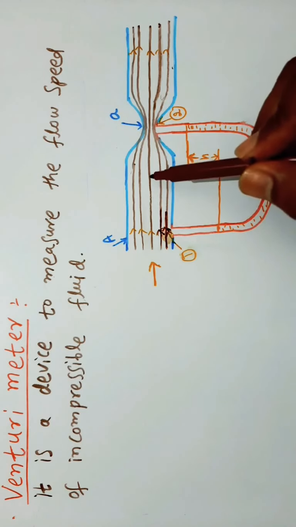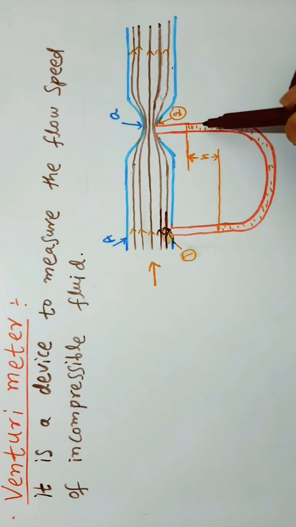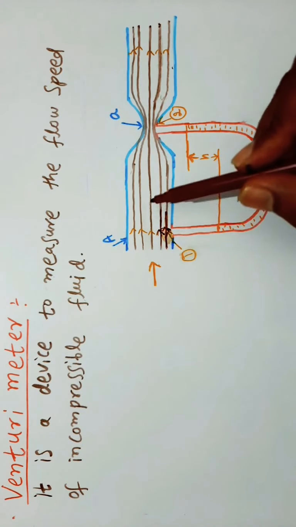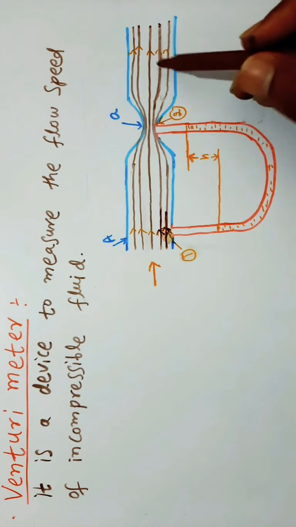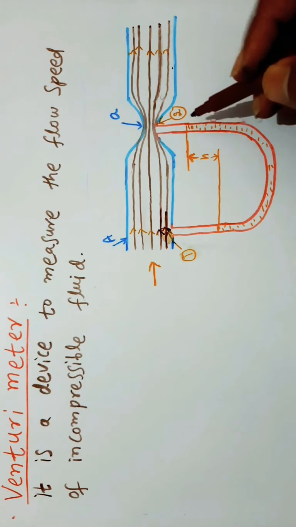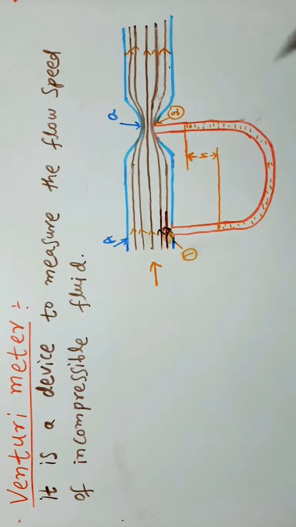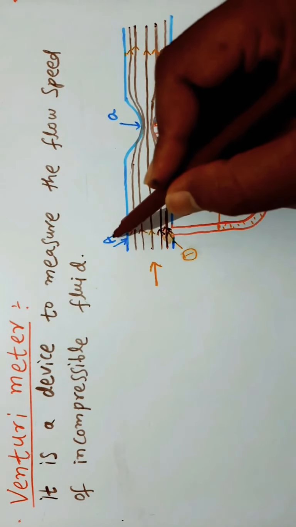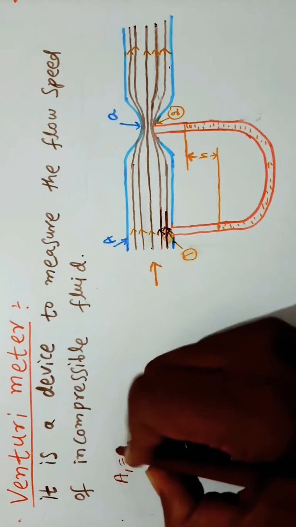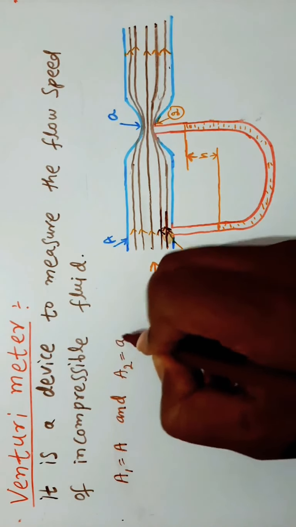When the fluid is at rest in the manometer, the liquid levels are the same. When fluid flows from left to right, the liquid level in the right arm of the manometer rises. Here A1 is equal to capital A, A2 is equal to small a.